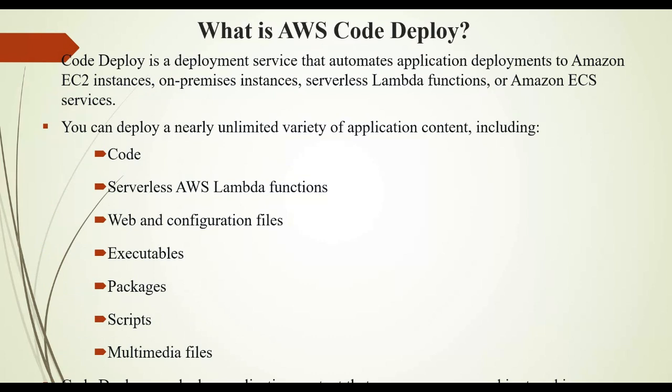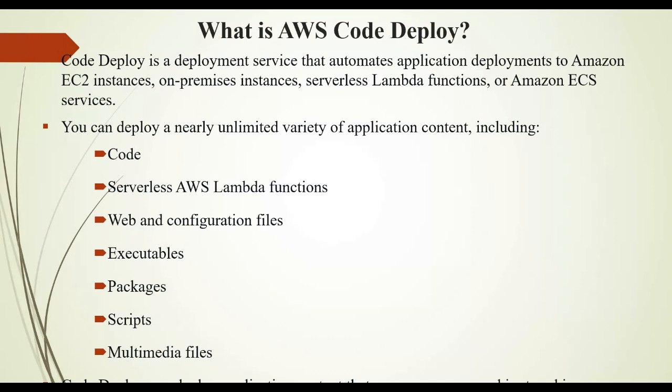CodeDeploy is a deployment service that automates application deployments to Amazon EC2 instances, on-premises instances, serverless Lambda functions, or Amazon ECS services. So it helps to automatically deploy applications to instances, Lambda functions, and ECS services.